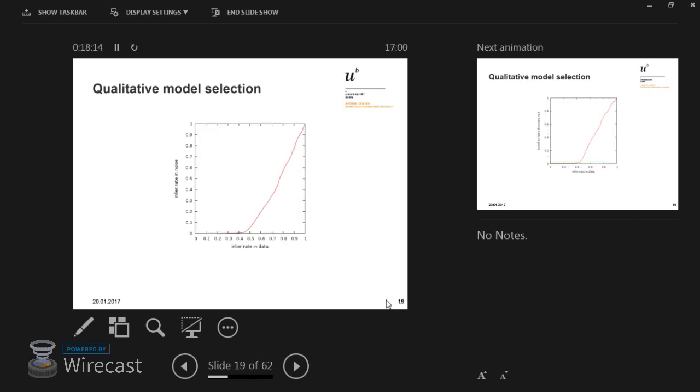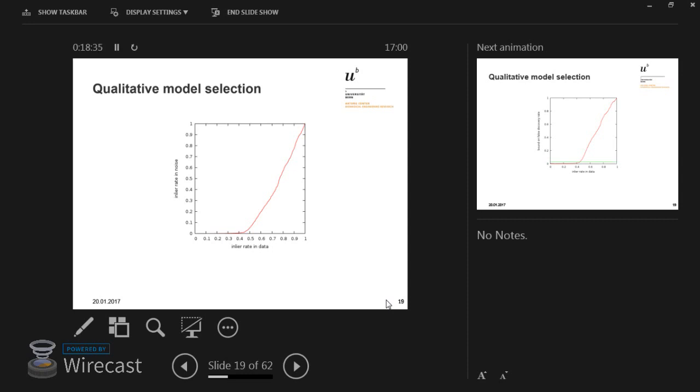And we get a graph a little like this. So at the bottom, the inlier rate in the data, and on the left, the inlier rate in the noise. What we want here is to go as far right as we can, which is to have very high inlier rates in the data, but very low in the noise.